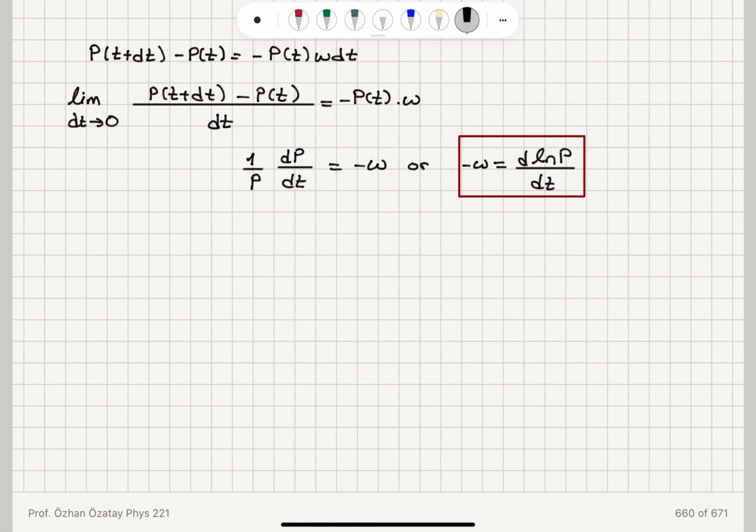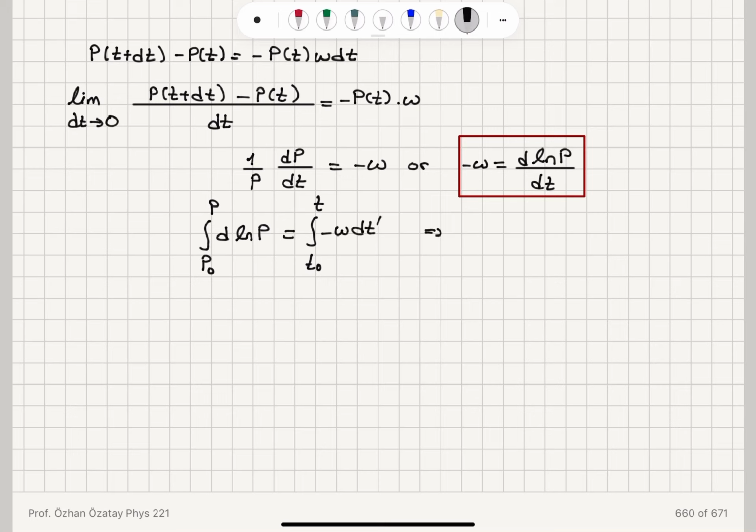Now, if I solve this differential equation by isolating time and P, so dt goes to the right hand side, I obtain the integral from probability P0 to probability P of d ln P, equal to the integral from time t0 to t of minus ω dt'.